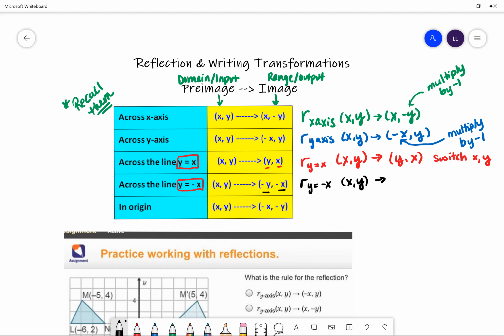But in this case, they're both negative. Well, not both negative. Let's not say it like that because that would be wrong. We switch x and y, and then we multiply both of them by -1. We multiply both of them by -1.